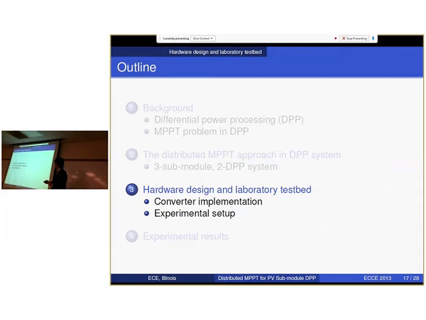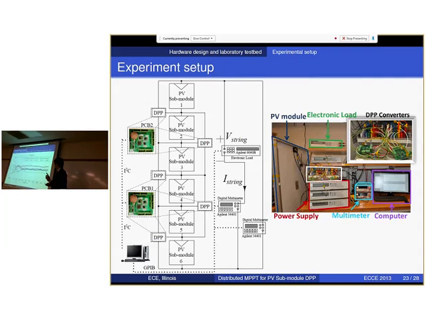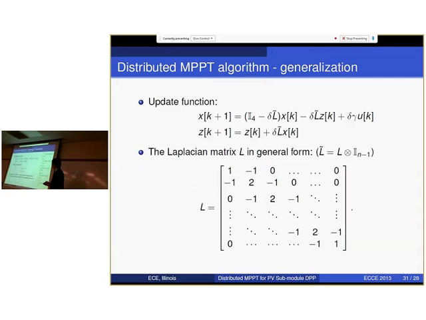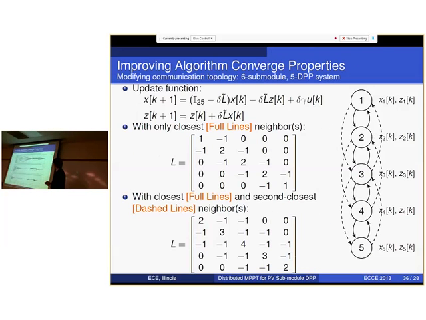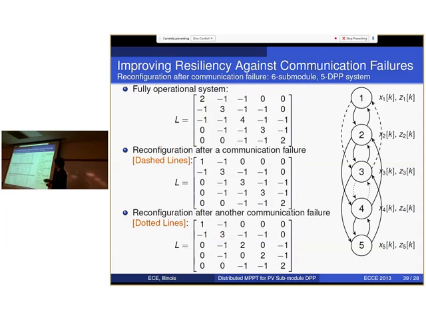Okay, I have a backup slide to answer that question. So here is what's happening. In the update function, there's a matrix called the Laplacian matrix, which describes the graph of the system.